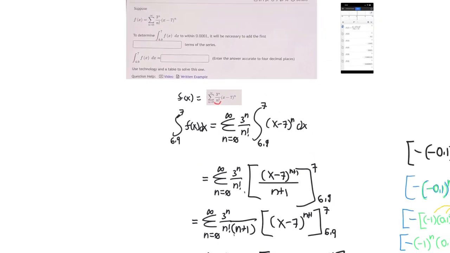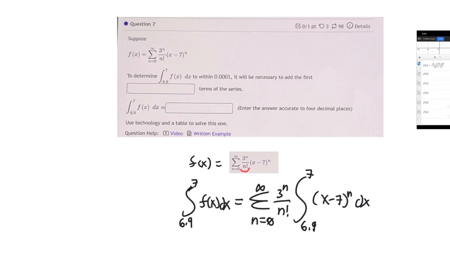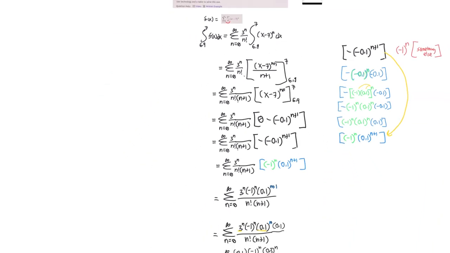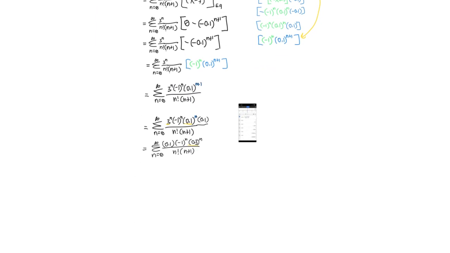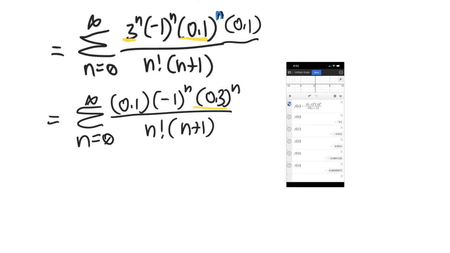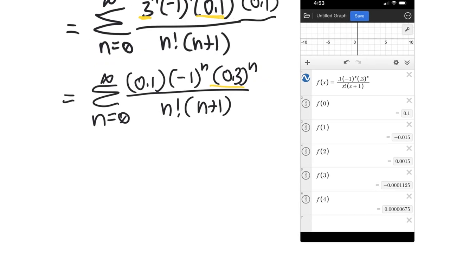Okay. Now, they told us that we can use technology in a table to solve this. So I went ahead and used Desmos with this. Now, there are multiple ways of doing it. With a TI-84, you could essentially just plot this on your Y line and make a table out of it.